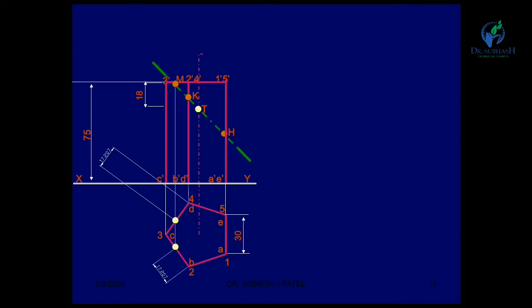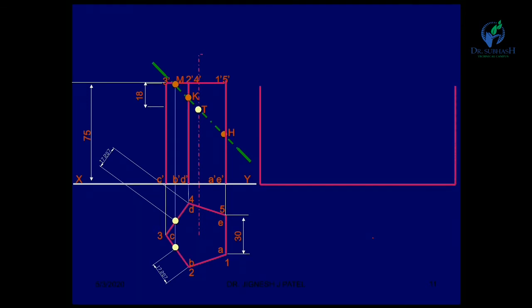Now draw the development of surfaces. For the development of the prism, the total length of this development is 30 multiplied by 5, so 150 mm. So here you can draw a line of 150 mm by 75 mm height. You can see here the rectangle of 150 by 75 mm.